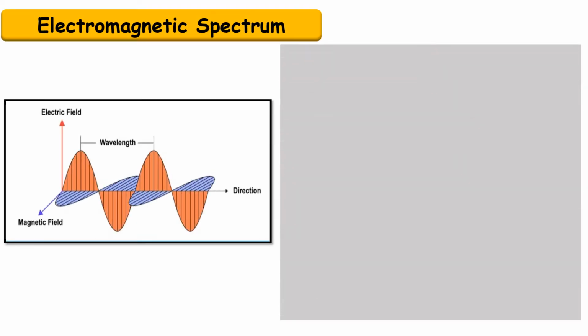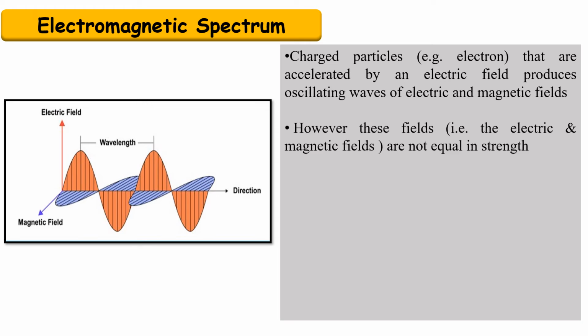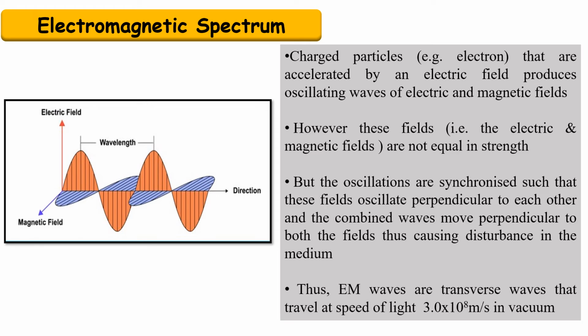Before going to the application parts, let's have a quick revision of what we understood in electromagnetic spectrum 1. We had understood that a charged particle will produce electric field and magnetic field such that they oscillate perpendicular to each other. And this is actually Maxwell's theory.